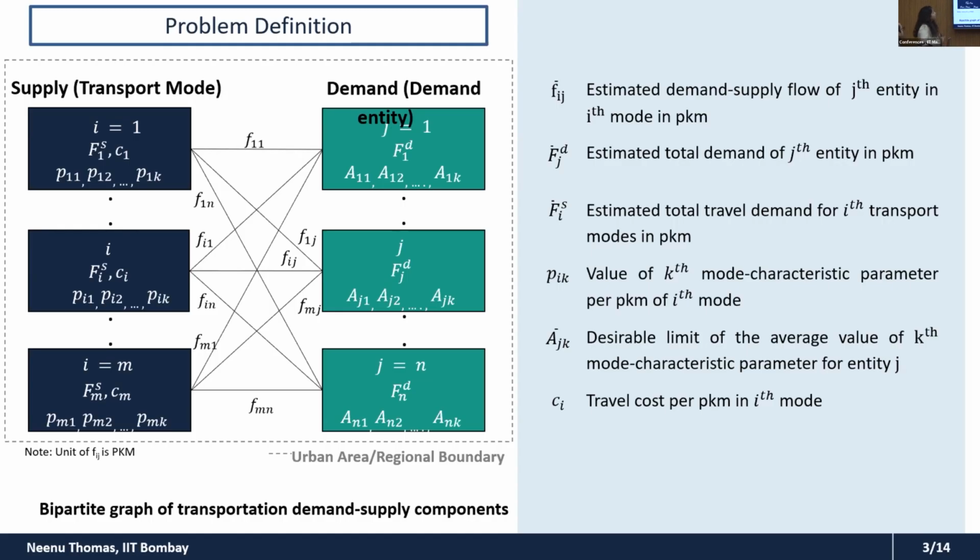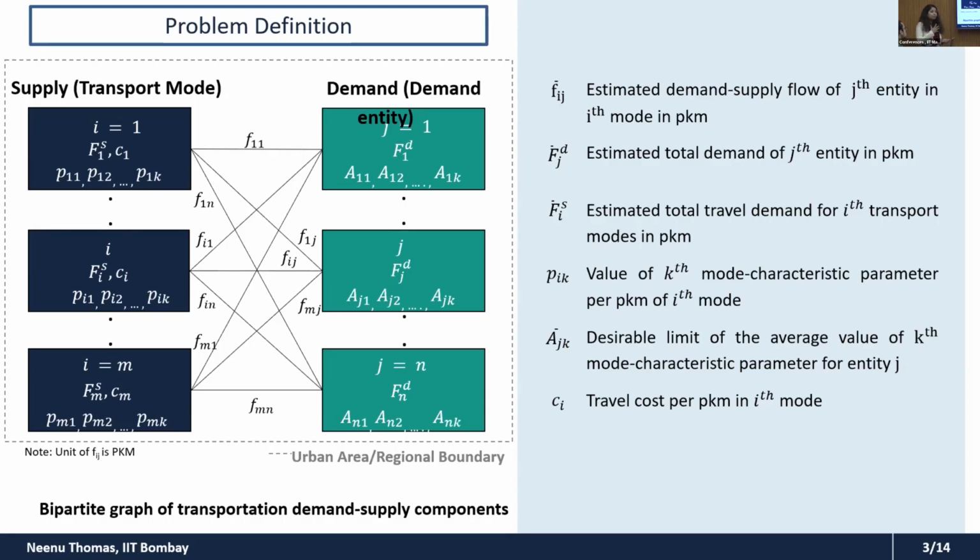So now here we are seeing the demands will have a total demand in their daily life, which is represented in terms of FD, and there is a desirable limit AIJ, let's say I'm considering a mode characteristic like travel time.